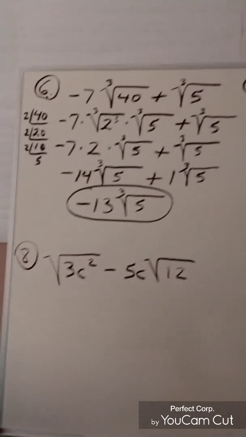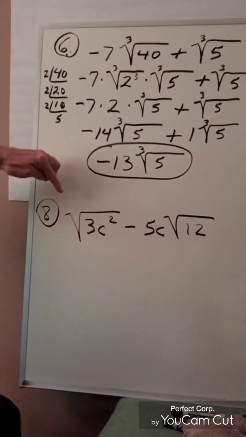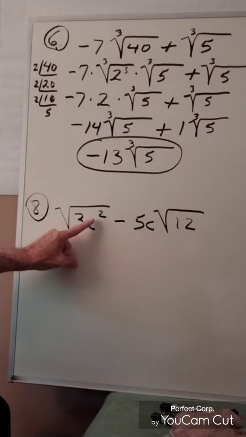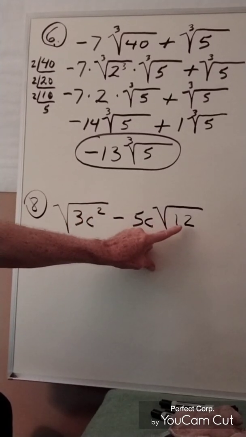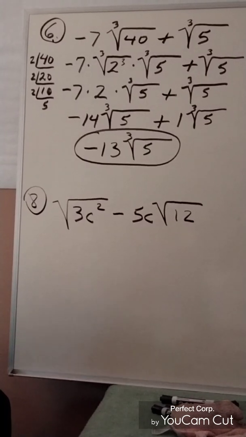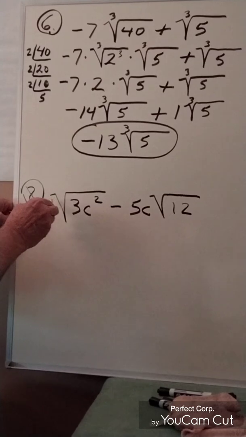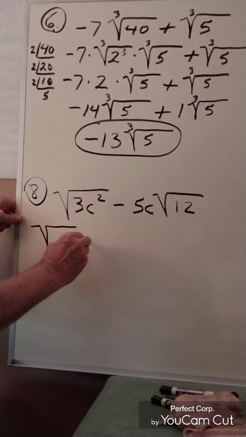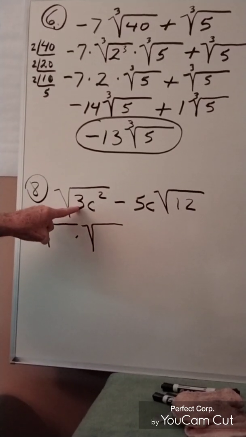Number 8. Be careful that you're looking at things carefully. It's square root. We have a perfect square right here in c squared. And the 12 has something. So do it slowly. Don't rush. Slow down. Let's bust him up using the product rule. 3.